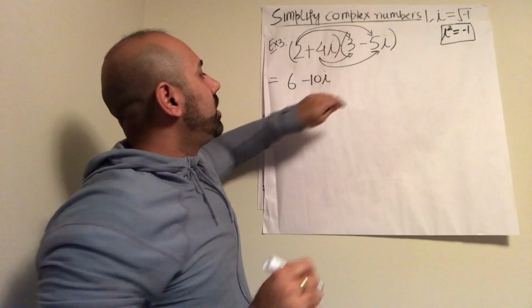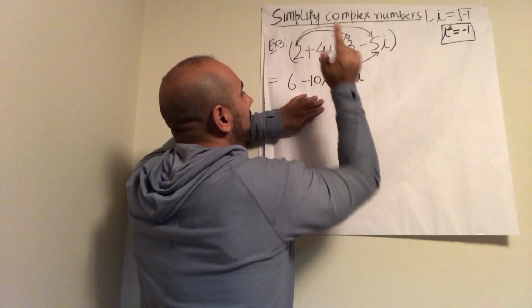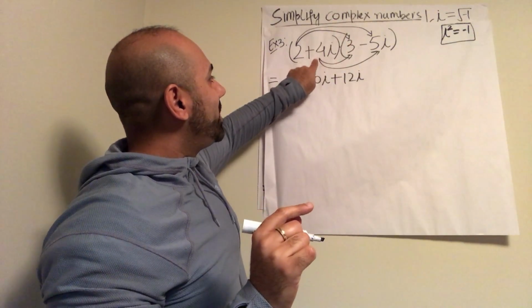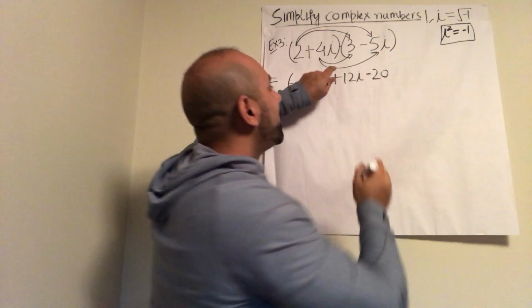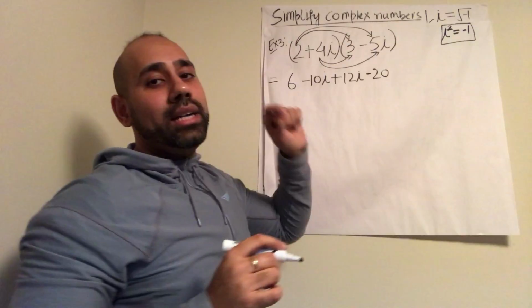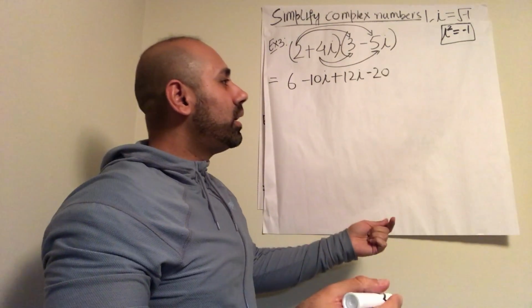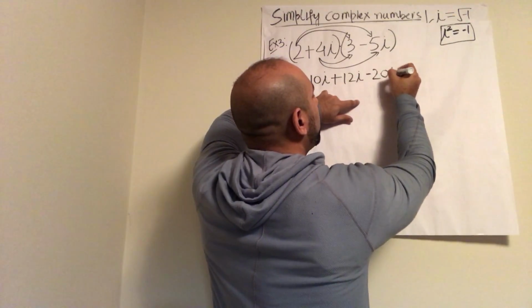Positive 4i times 3 is positive 12i, and then we have our final term, which is the most important term here. Positive 4 times -5 is -20, but then we also have i times i, which works like x times x, which is x squared. Similarly, i times i is going to be i squared.